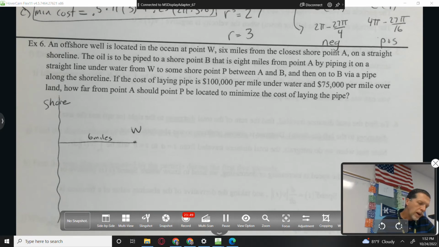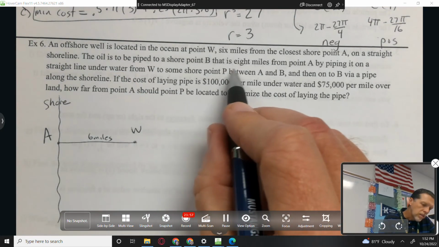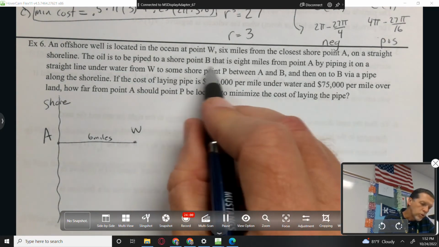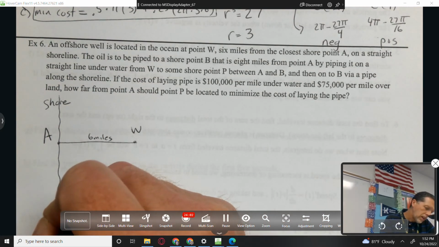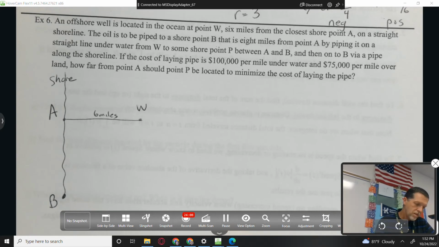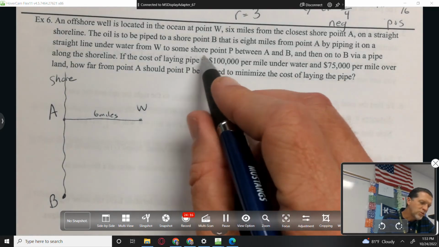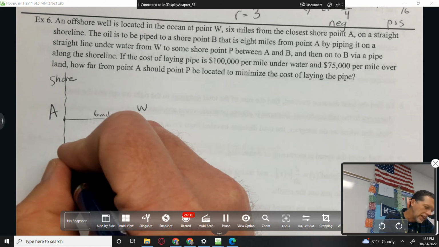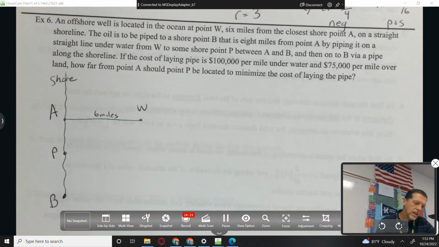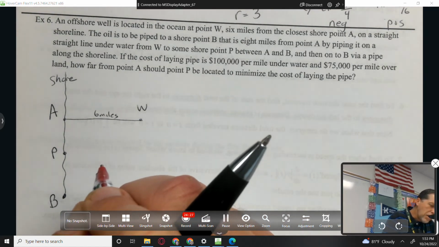The oil is to be piped to a shore point B that is 8 miles from point A. By piping it on a straight line underwater from W to some shore point P between A and B, and then on to B via a pipe along the shoreline.